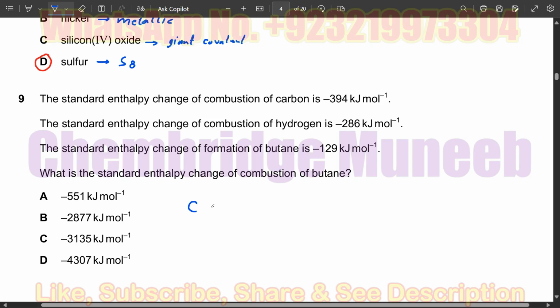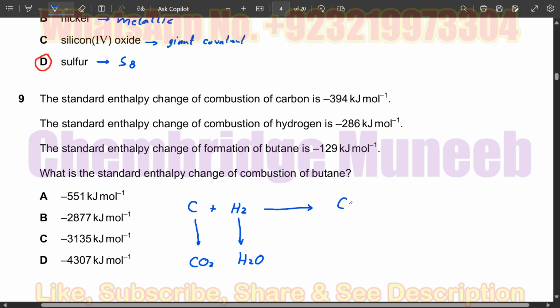So we know that carbon and hydrogen both will show combustion in the presence of oxygen. In the presence of oxygen, carbon will convert into carbon dioxide, and hydrogen will convert into water, and carbon and hydrogen both combine to produce butane.